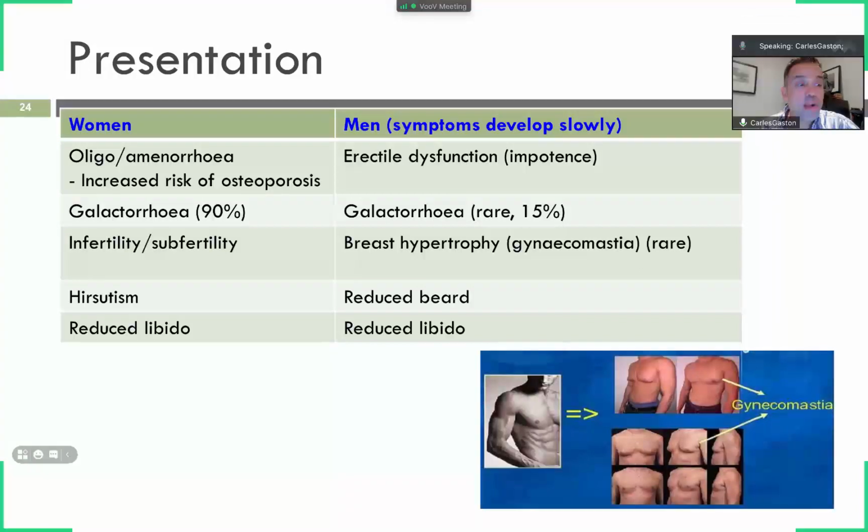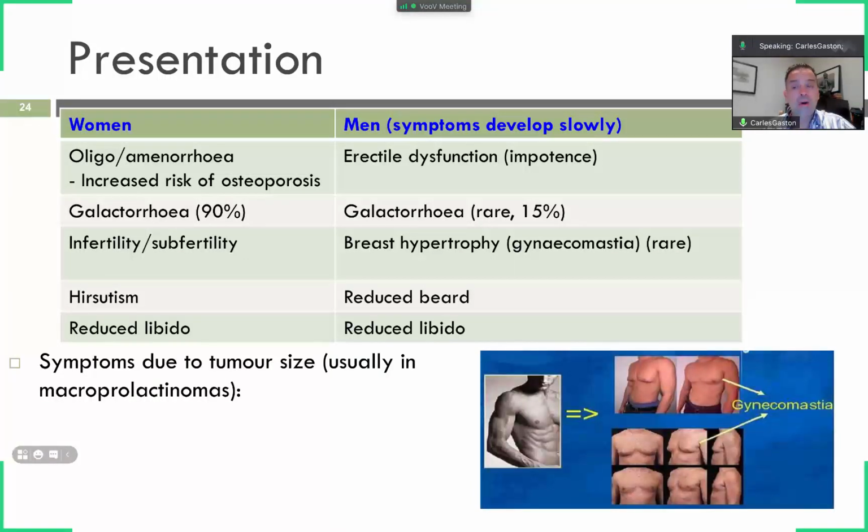So you can understand it's quite damaging, right? So obviously it's important to detect hyperprolactinemia. As I said, it can produce breast hypertrophy, although this is rare, reduction in facial hair, beard, and importantly, reduced libido. So these are very important clinical presentations of hyperprolactinemia.